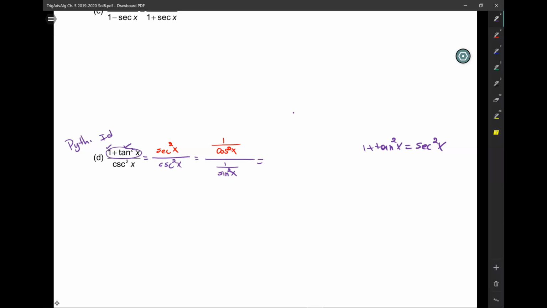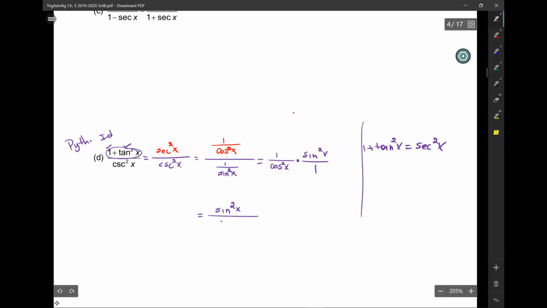So what I'm going to do here is 1 over cosine squared x times the reciprocal of the denominator, sine squared x, over 1. Now, when I multiply across, what do I have on top? Sine squared x, and on the bottom, cosine squared x. That is tangent squared x.